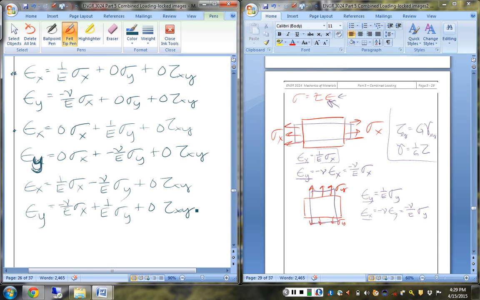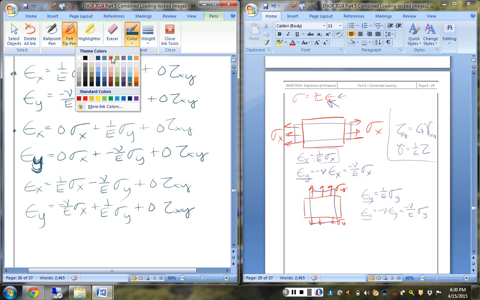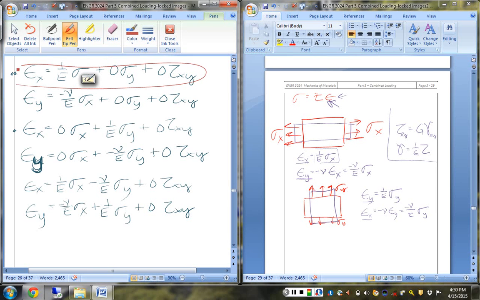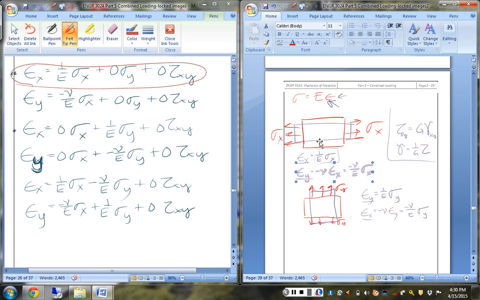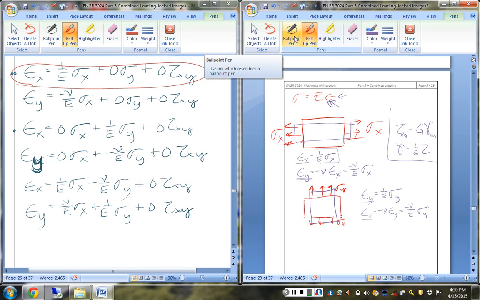Ooh, I got some squints. You following me? Okay, let me see if I can help with some color here. The one that's circled in red on this side is just the one circled on that side.